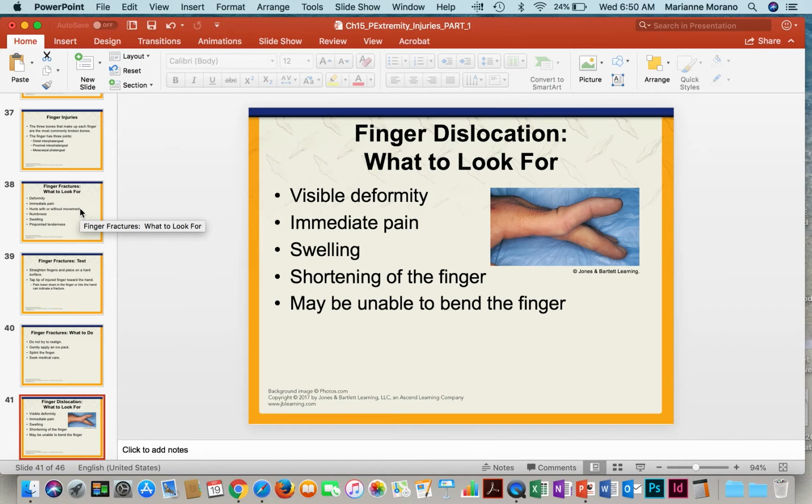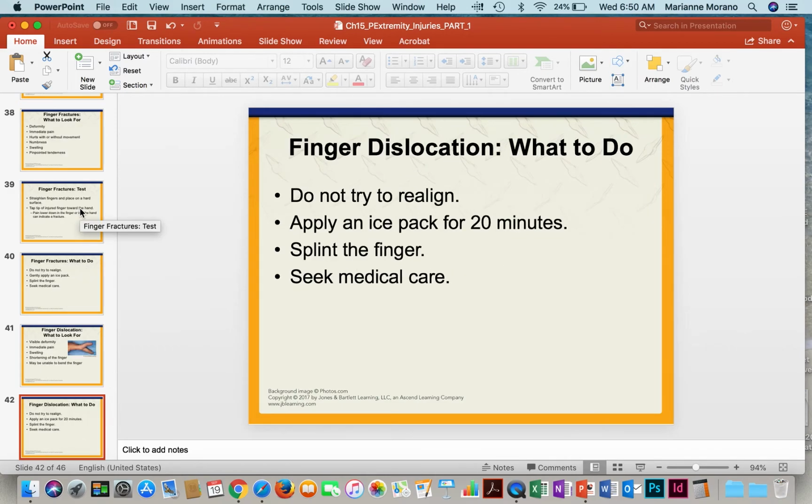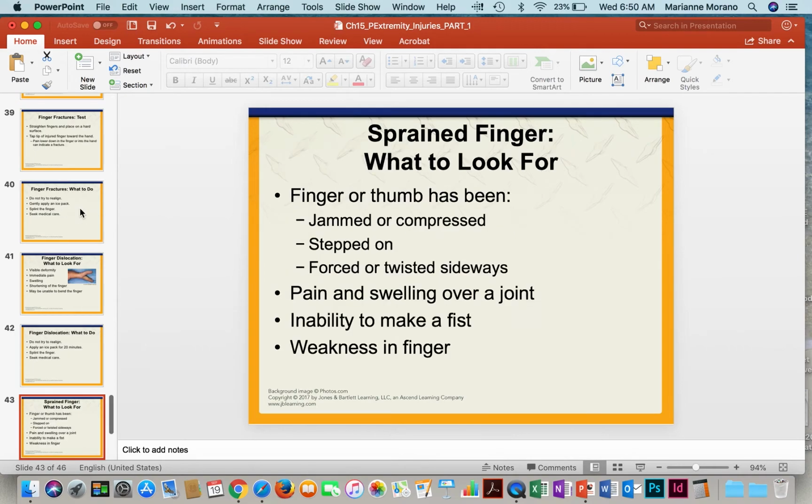With dislocations of a finger, there's a deformity, pain, swelling, shortening of the finger, and inability to bend it. Don't try to realign it, apply ice, splint the finger, and seek medical care. With a sprained finger, it could be that the finger or thumb was jammed or compressed, stepped on, or forced sideways.